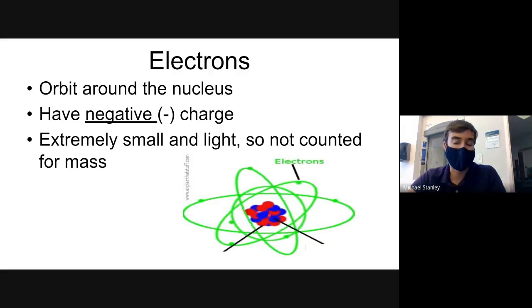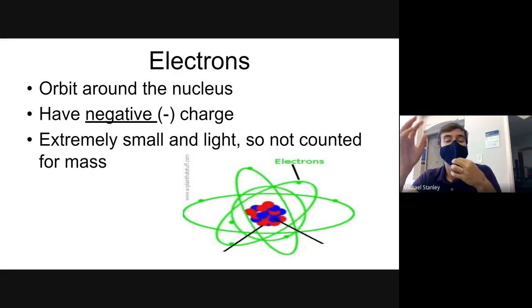Protons are positive, neutrons are neutral, and then we've got our electrons, which are outside of the nucleus going around, and electrons have a negative charge. Electrons are super small and tiny, so only the protons and neutrons really get counted together to give us the atomic mass.